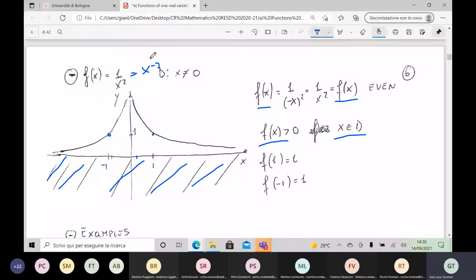In this particular case, guys, what do you think? Which is the graph of 1 over x to the power 4? It can be written as x to the minus 4. Again, you have something like this. I do it poorly. It's something that touches your function here, a very similar pattern.